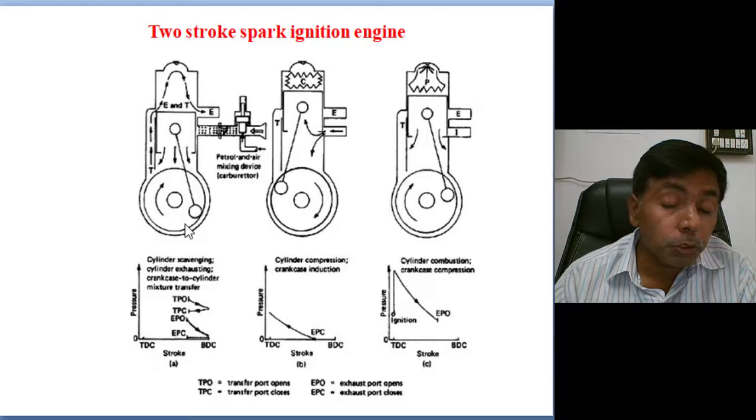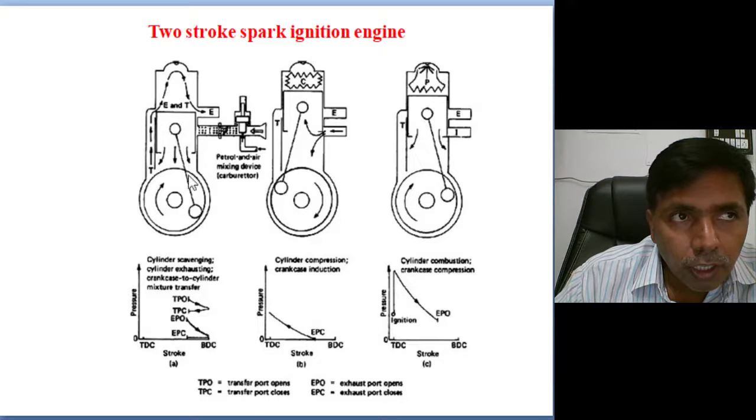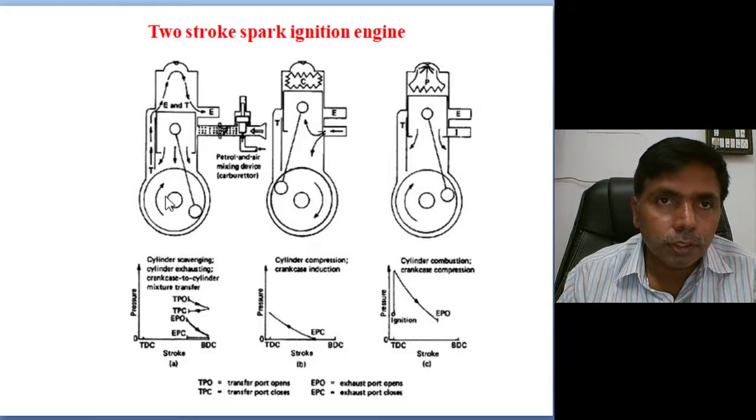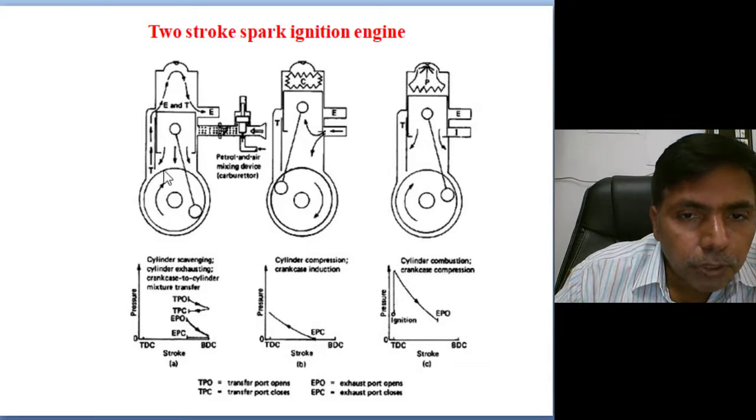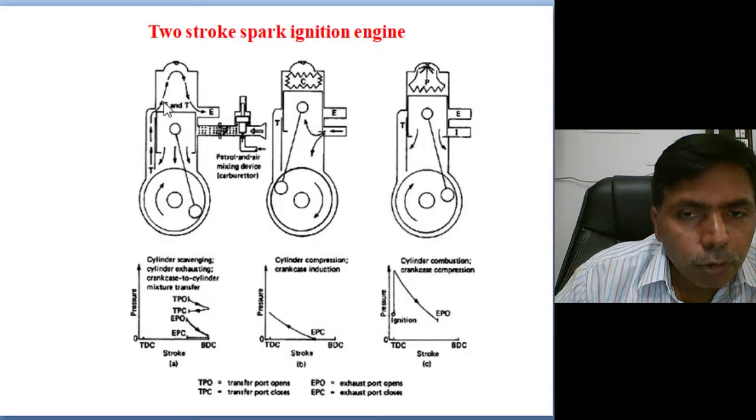But in the two-stroke system, the backside of the piston is also used for completion of these five operations. From the backside of the piston, the air-fuel mixture will enter the top side of the piston through the transfer port. So this has three ports.